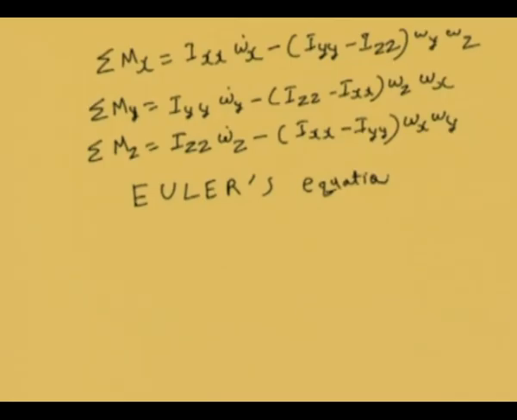Why? Because they are moving with the body only, so they have the same angular speed as the body itself. So the reference point where the body axes are fixed is a point fixed in space, or is the center of mass itself.